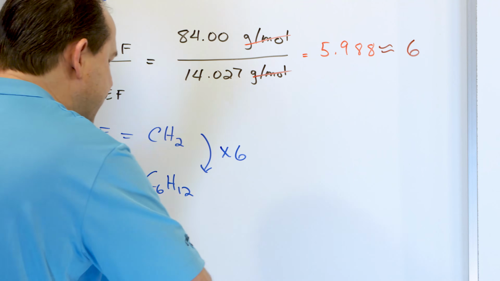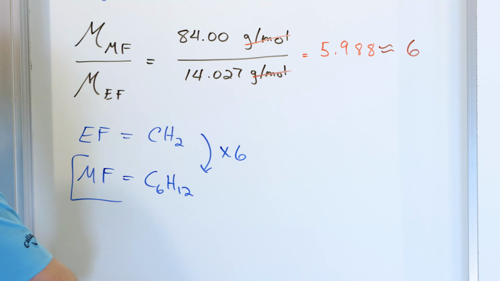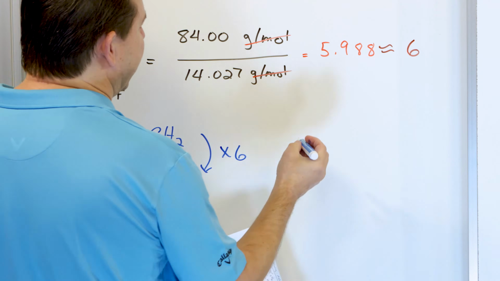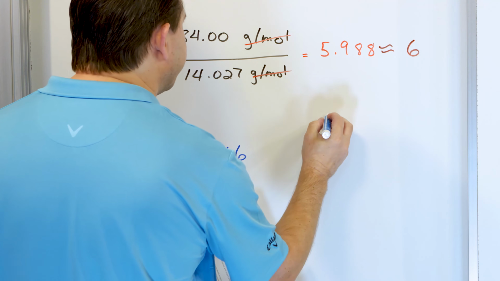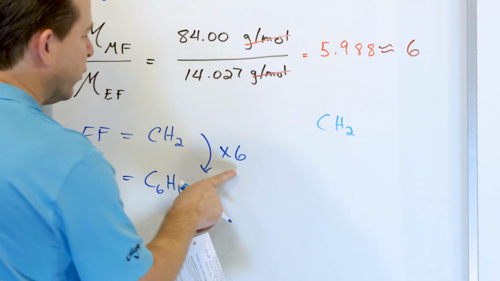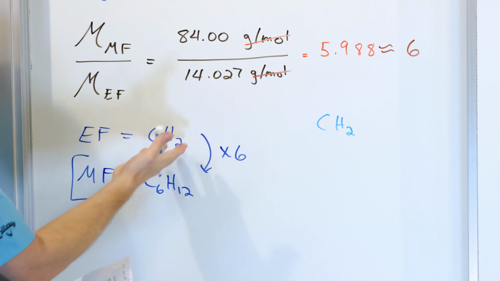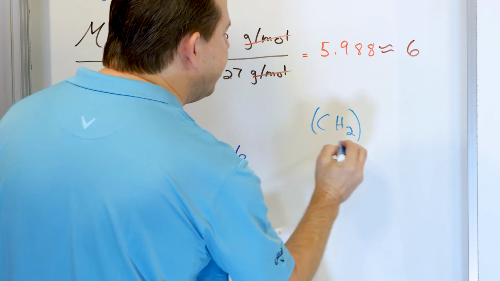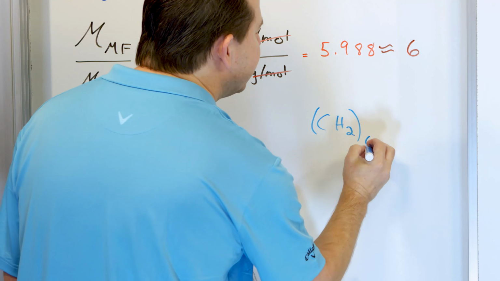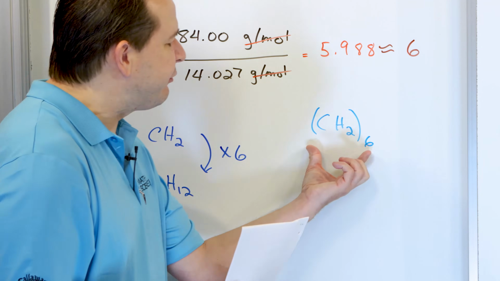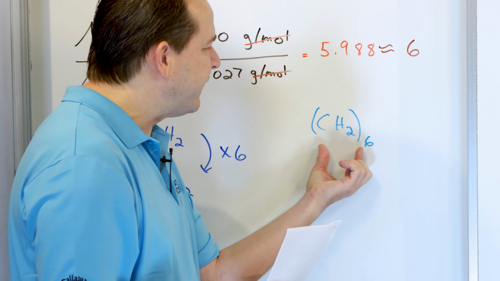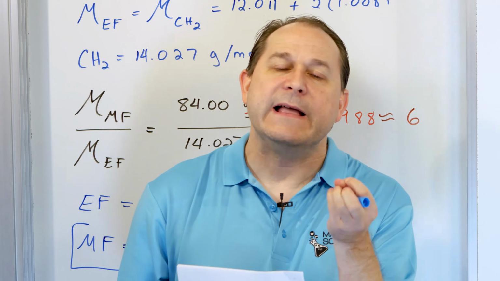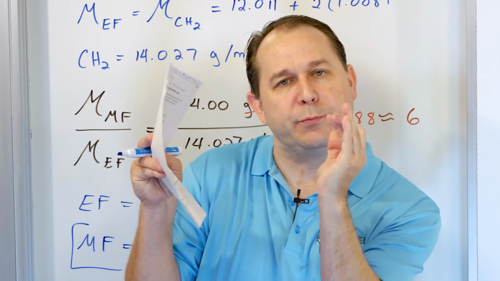That's the final answer. Now, this is the correct way to do things, but a more professional way to write it would be, if you know the empirical formula is CH2 and you want to multiply it by 6, instead of writing it like this, which is kind of sloppy, you can just wrap the whole empirical formula in parentheses and put a subscript 6. In chemistry, we know that when we group things in parentheses and put a subscript outside, it means that there's 6 of the grouping there.